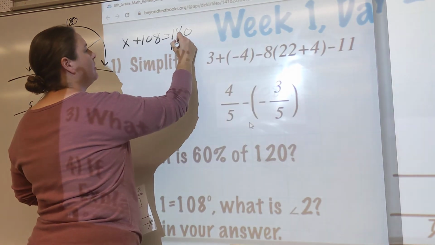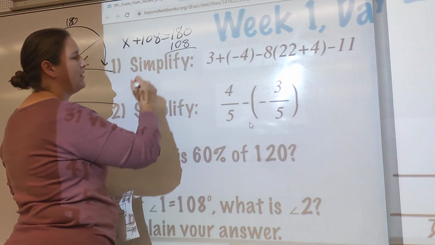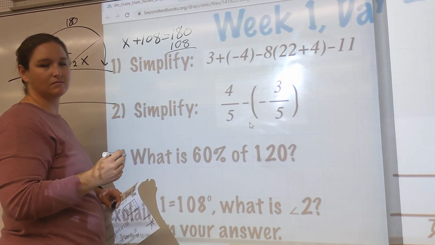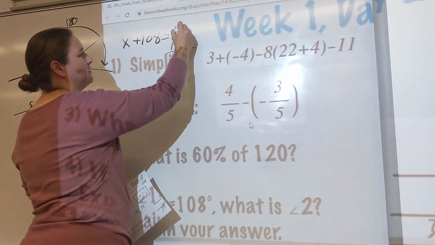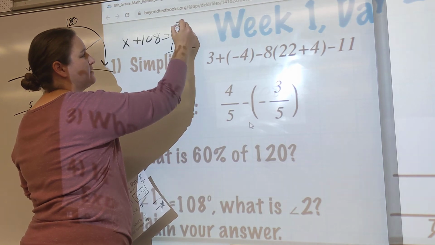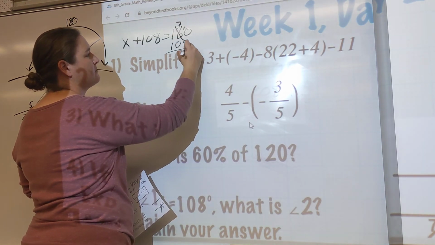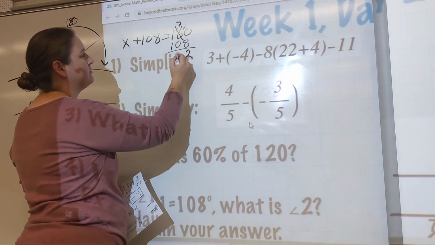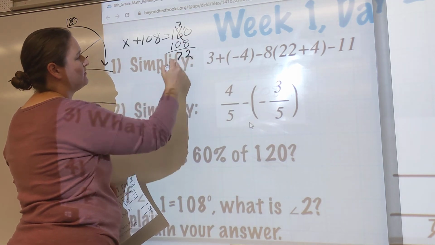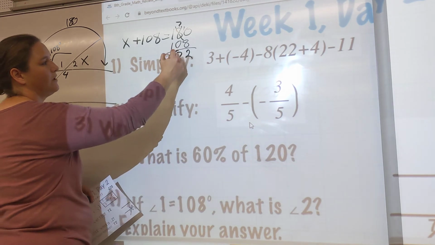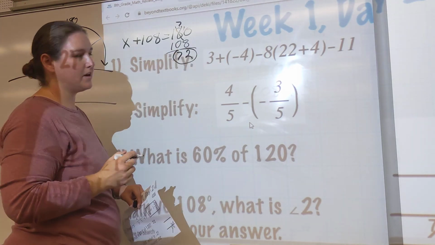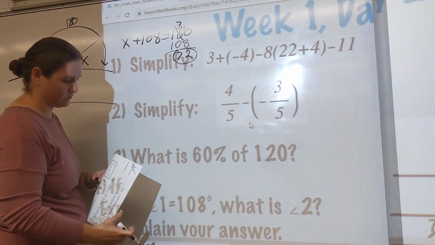So, what is 180 minus 108? Let's give it a try. 7, carry our thing over there, borrow some, whatever it's called. 2, 7 minus 0 is 7, 1 minus 1 is 0. So we know that our leftover angle there is 72 degrees.